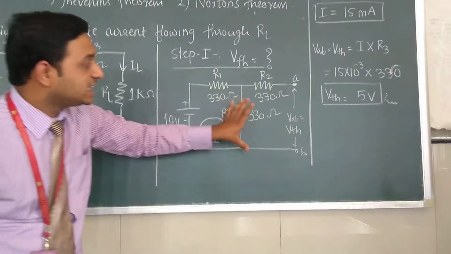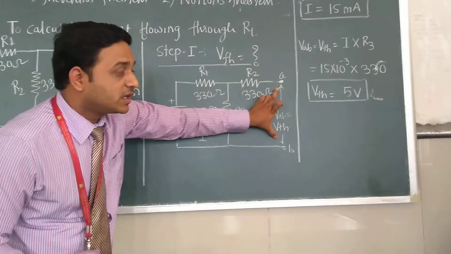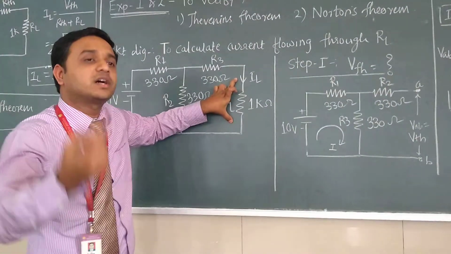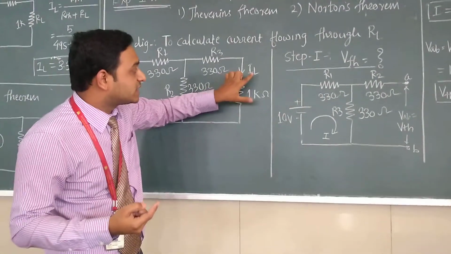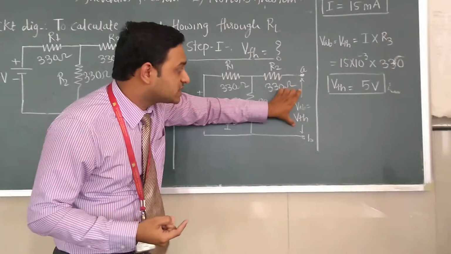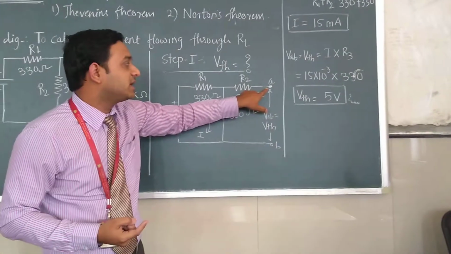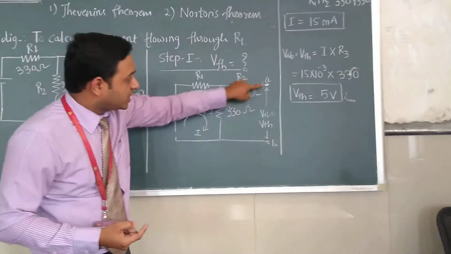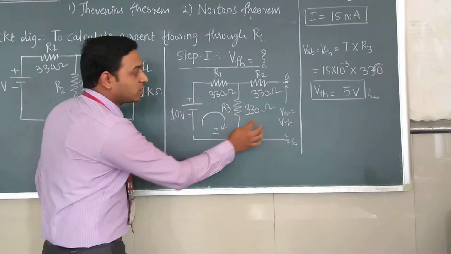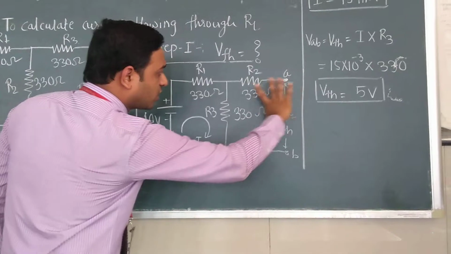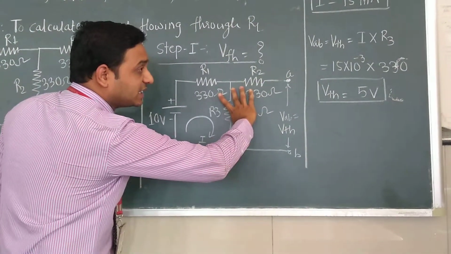The only thing is you have to remove the branch through which we want to calculate the voltage or current. And our aim is to calculate the IL. That's why we just remove this branch and calculate the VTH across the terminals AB. If we carefully observe the diagram, the voltage VAB is simply the voltage drop across this R3 resistance.